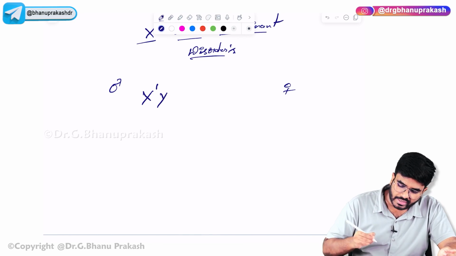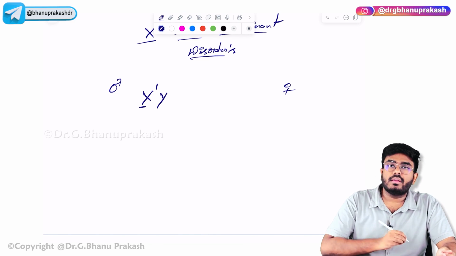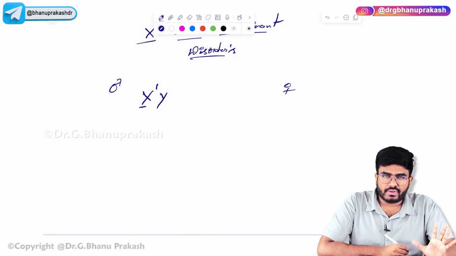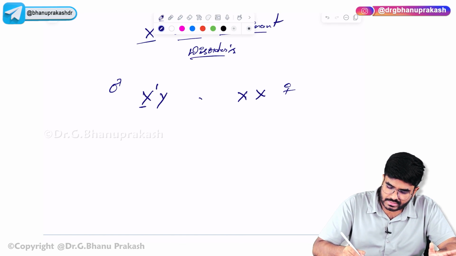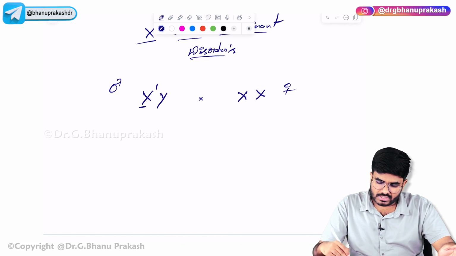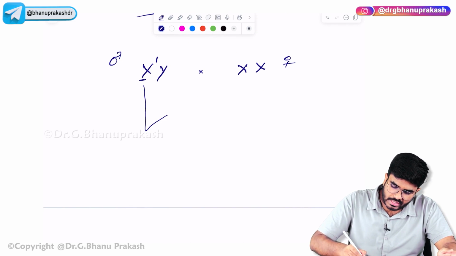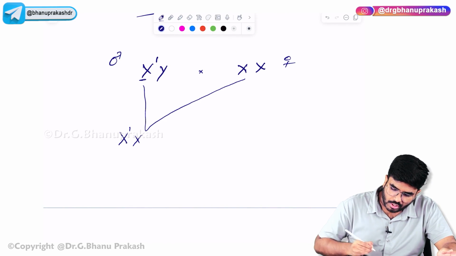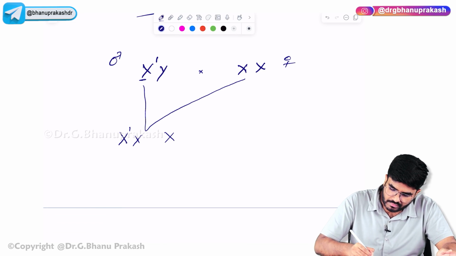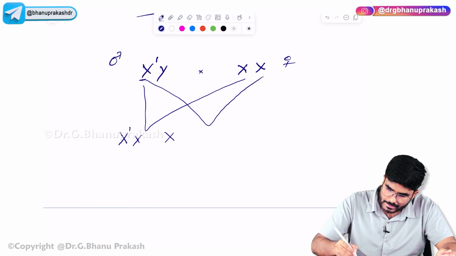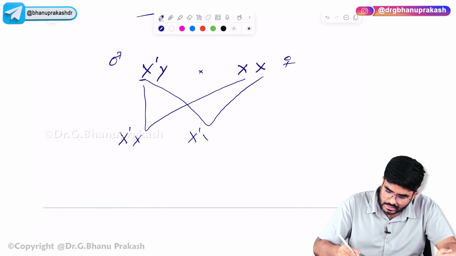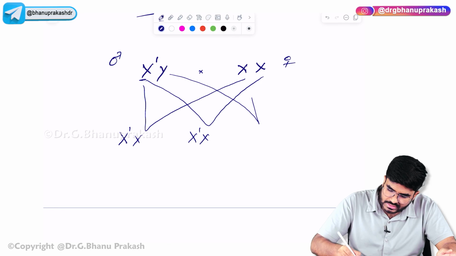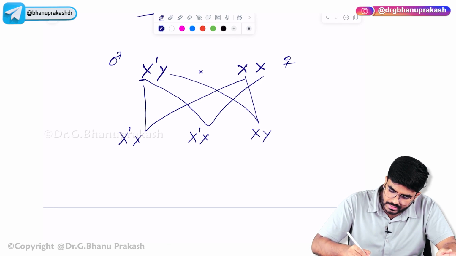X dash and Y means the father is affected. Mother is normal, for example, XX. Now they are having a cross. Now see, their offspring is going to be X dash and normal X, and one more X dash and normal X, and normal X and Y.